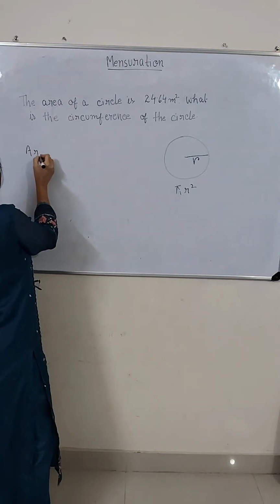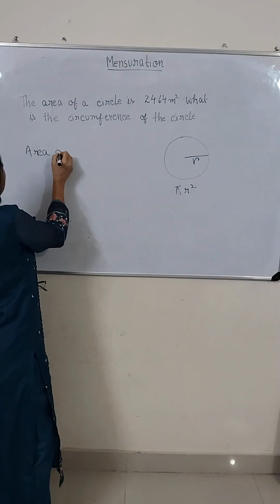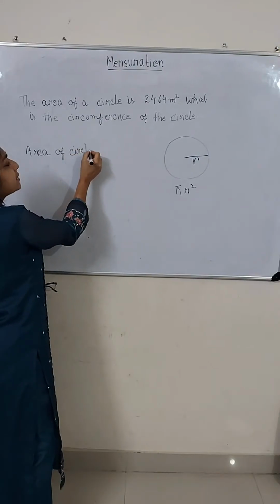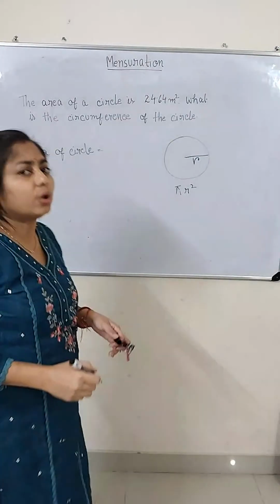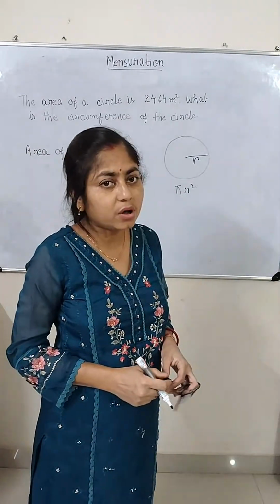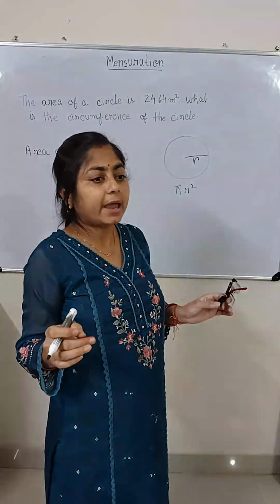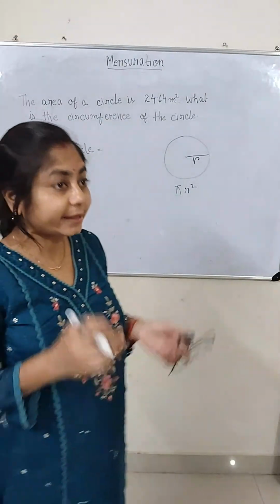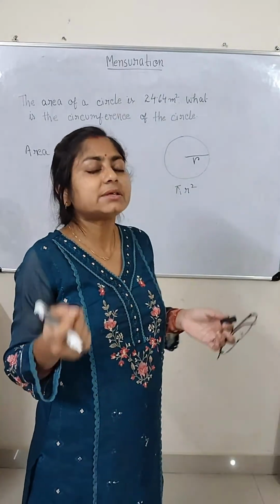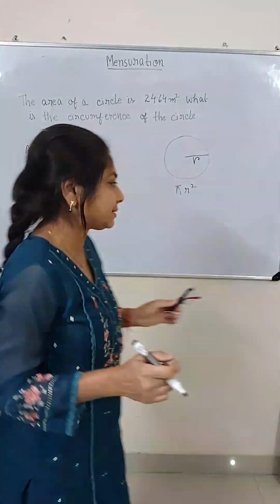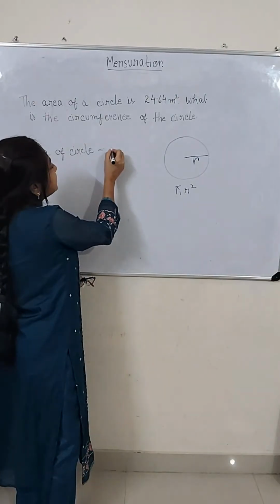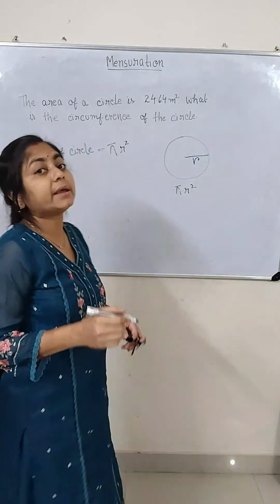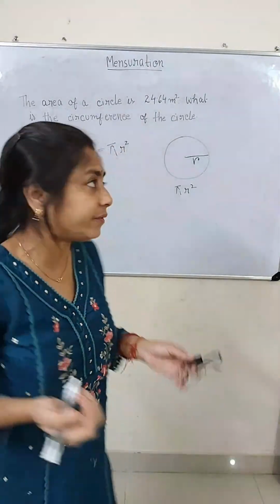Area of circle. What's the formula? Anybody know? Please write in the chat box if anybody knows. So I can understand that anybody is really interested in my classes. Answer is pi r square. And pi r square, what's the value? They have given this one.